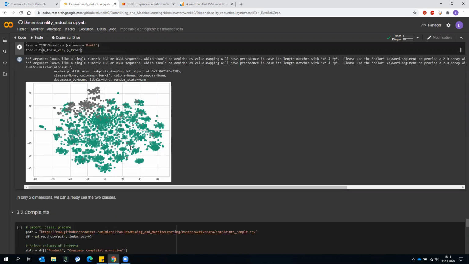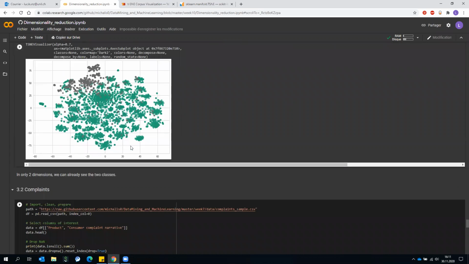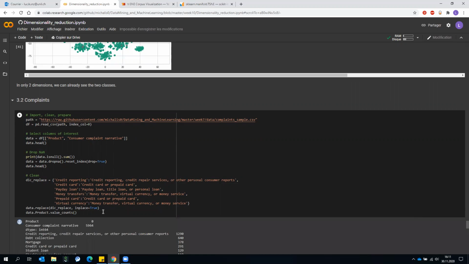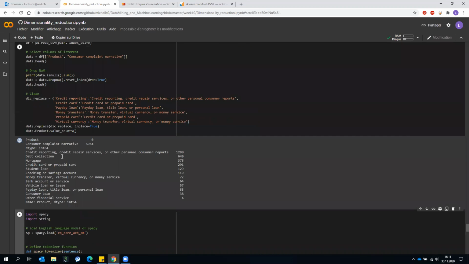And I can do the same as the last example. If you remember the complaints, those ones, so we had complaints with a text and then a product to which it belonged, for instance, credit reporting. So this was an example 2 or 3 weeks ago.